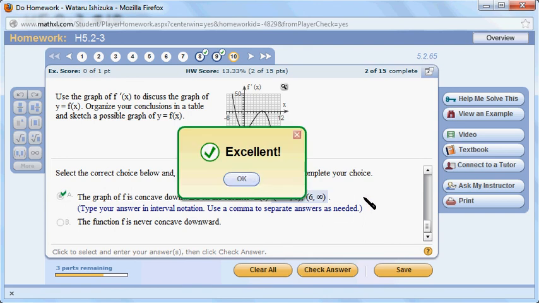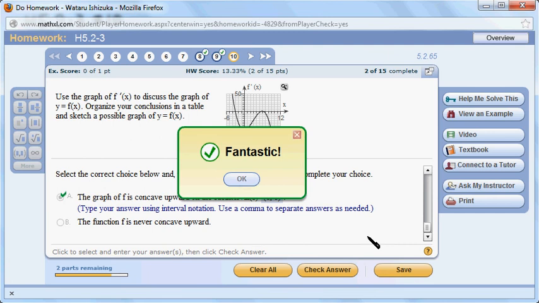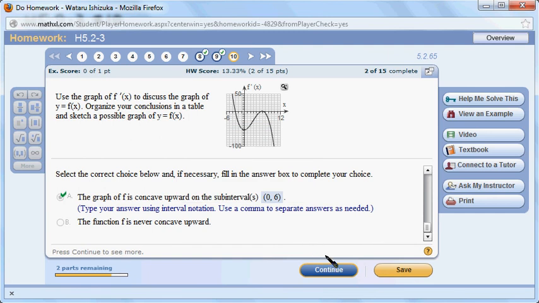All right, got that. All right, concave upward. So concave upward when the derivative is increasing, so it's between 0 and 6. All right, check the answer. Got that. All right, and continue.